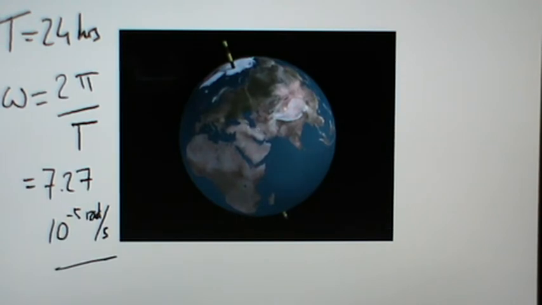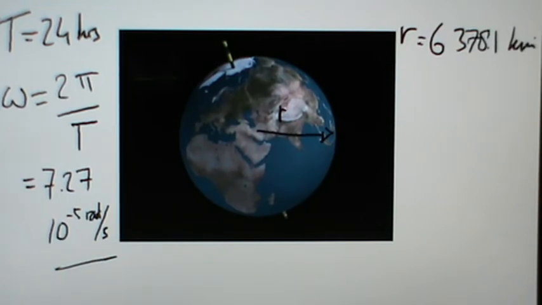And the radius of the Earth is 6,378.1 kilometers.